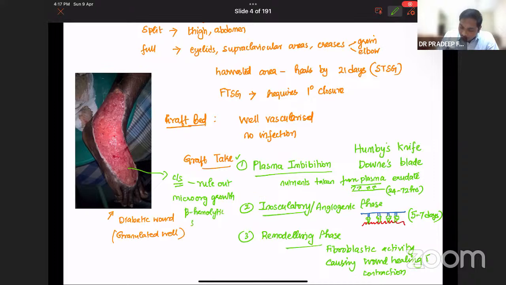Why? Because it has a lytic action. You will be placing the graft and looking at the graft after 3 days. That is called the first look. After opening the dressing, the graft may have disappeared because of the beta hemolytic streptococci. That's why you have to rule out beta hemolytic streptococci growth before undertaking any grafting.